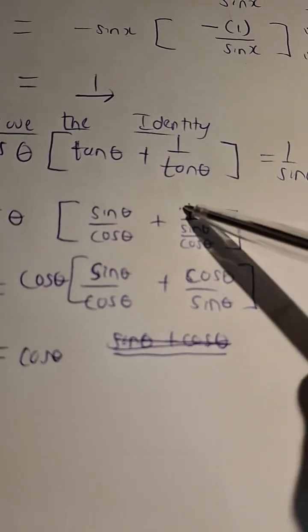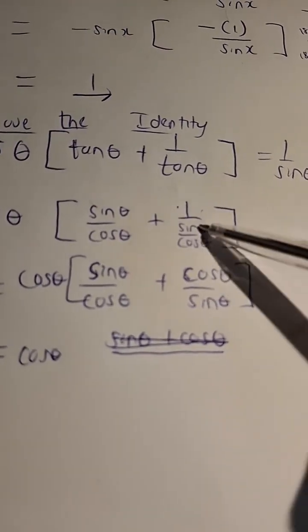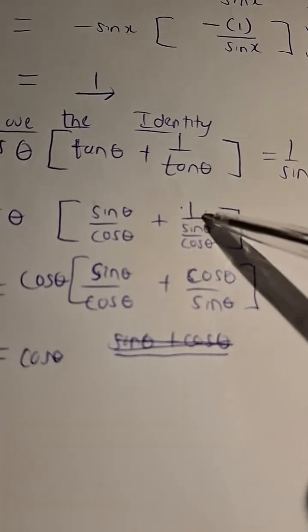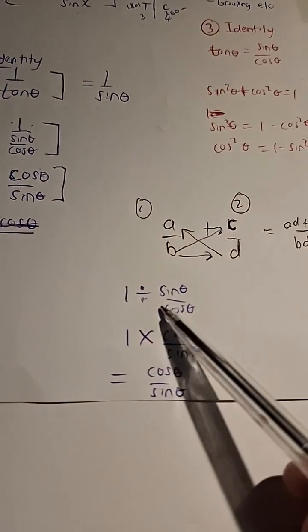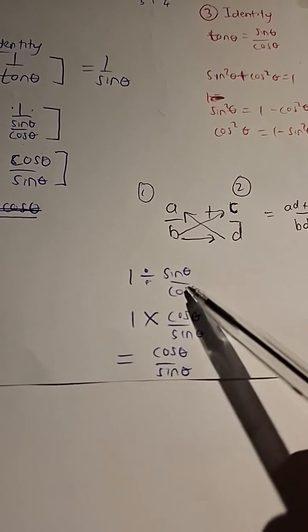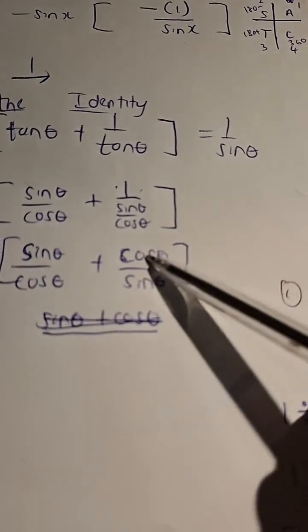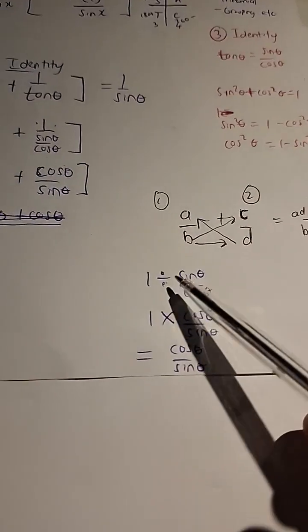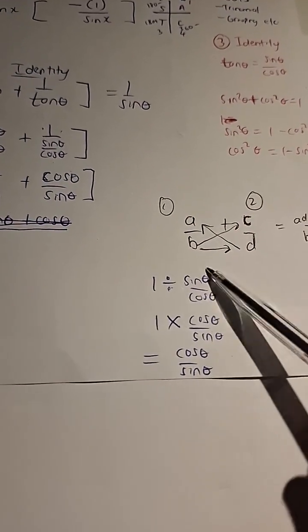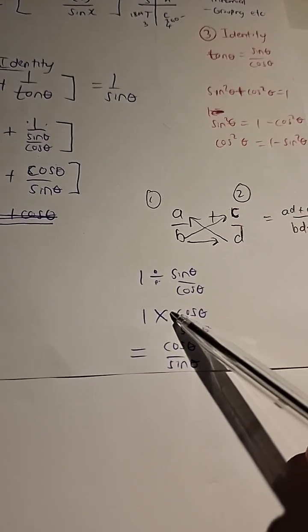It means 1 is divided by sine theta over cos theta. You are wondering, why did I move from this to that?